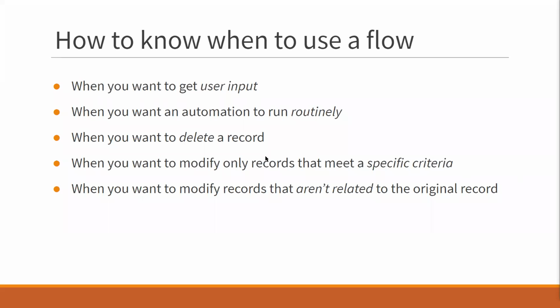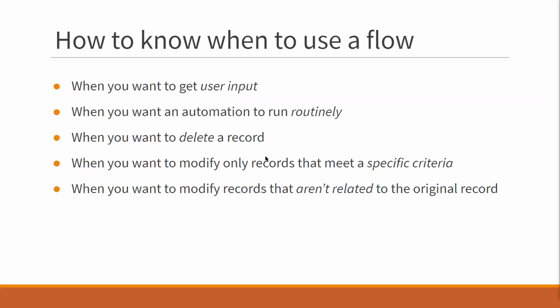If you only want to modify records that meet a specific criteria, you're going to want to use a flow. And what I mean with that is with Process Builder or even with workflow, if something happens, a record is changed, we want this to happen to that record.